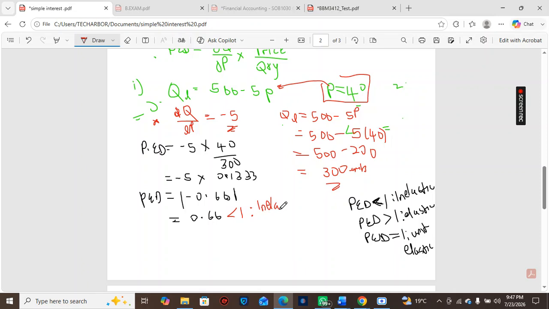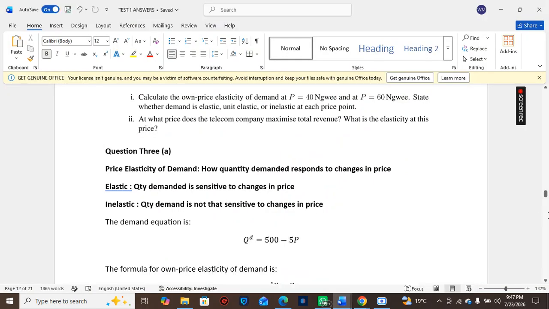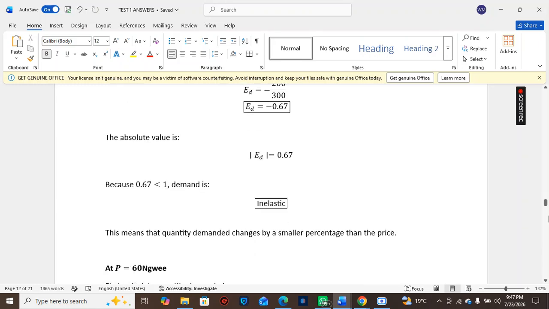Any questions? We have rounded off to 0.67, but yes, demand is inelastic.